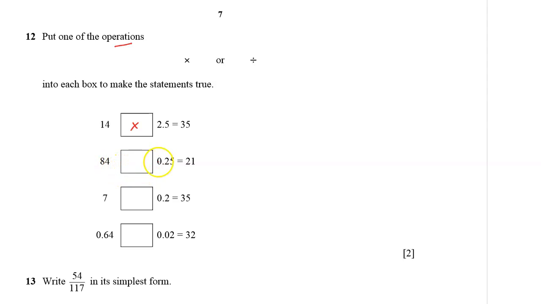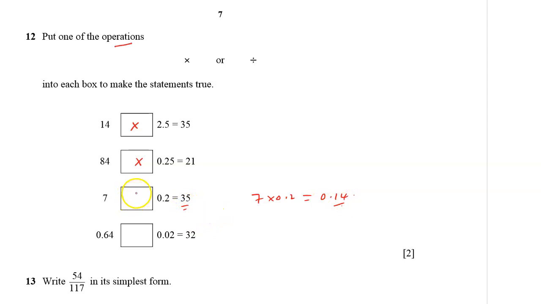84 and 0.25 to get 21. This also cannot be division. That's multiplication. 7, when you multiply 7 times 0.2, you go for the easiest. This gives us 1.4. But the answer here is 35.